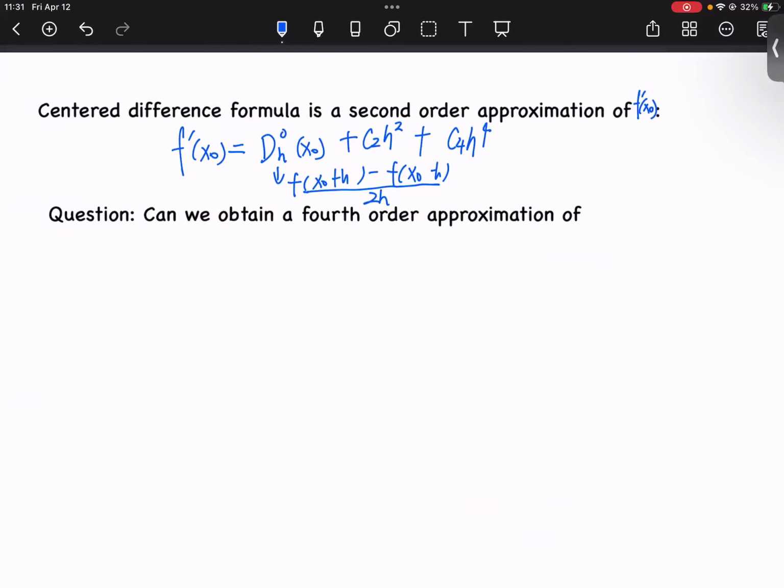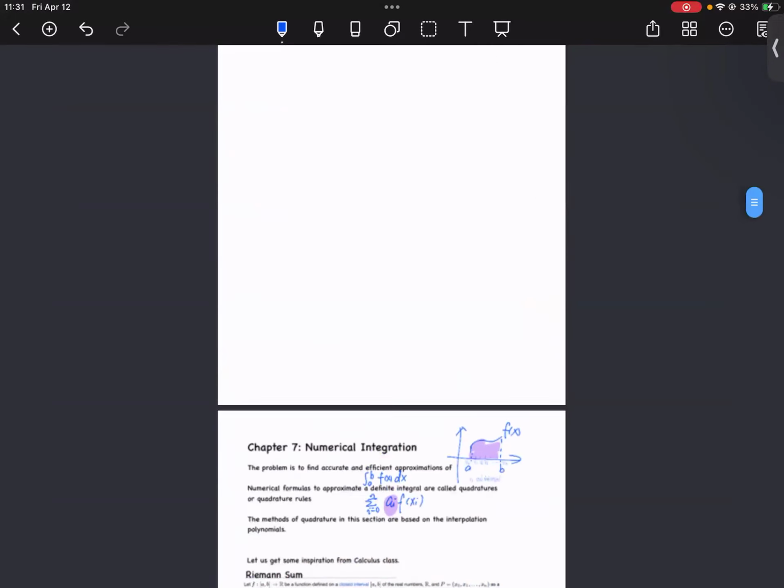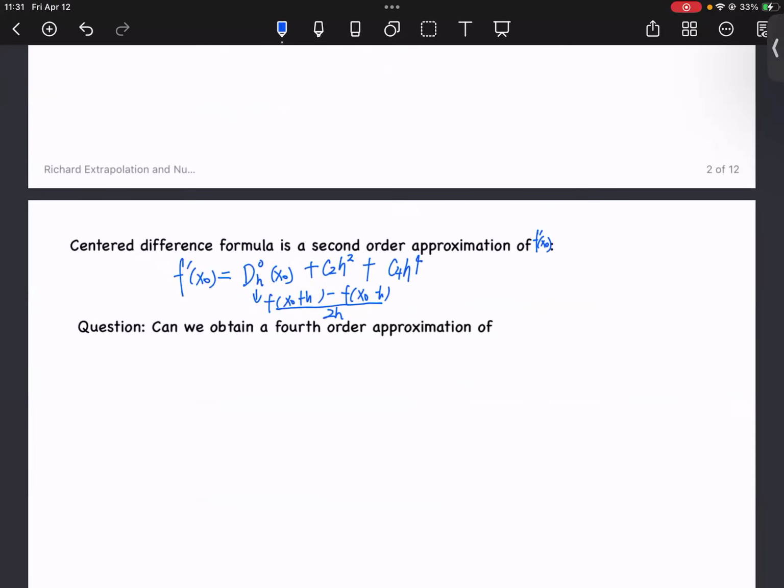So I got this, and the next thing is I am going to use this result to get a fourth order approximation of the first derivative. This is the thing I want to mention next week. So let's go back to here.